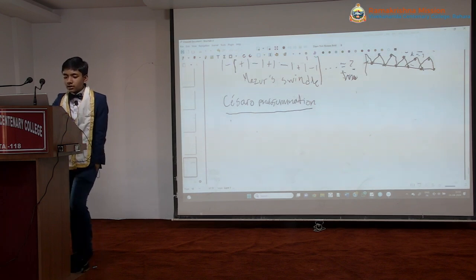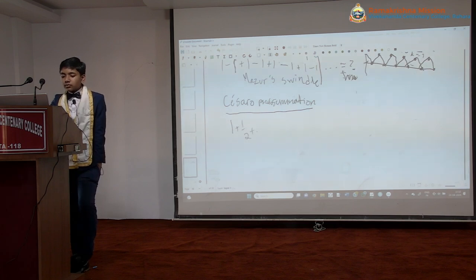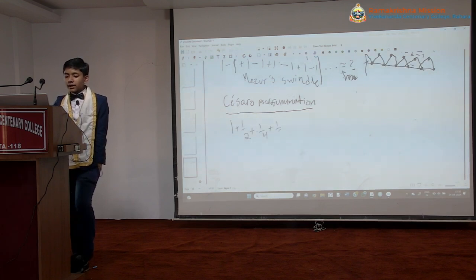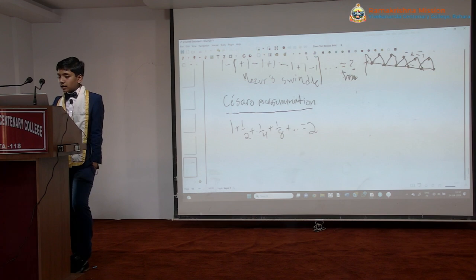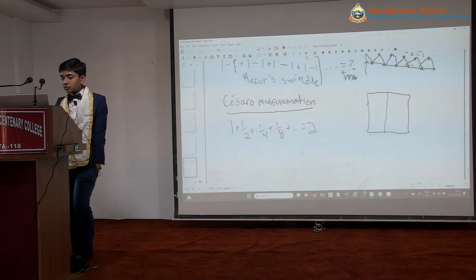Well, let's explore it on a simple example, like 1 plus 1/2 plus 1/4 plus 1/8. And I think it's pretty simple to show that this converges to 2. In fact, there's even that famous illustration where you take 1/2 plus 1/4 plus 1/8 plus 1/16 plus 1/32 plus 1/64, and so on and so forth.